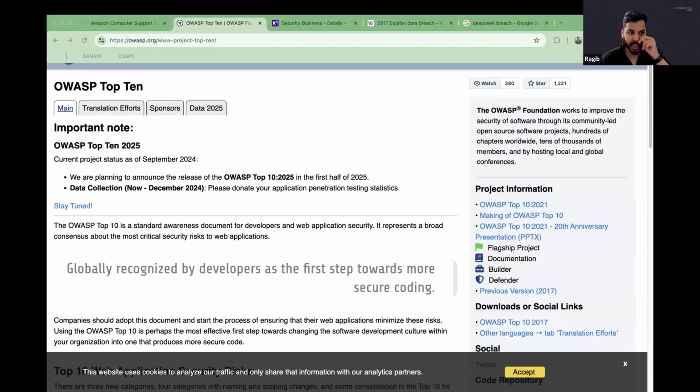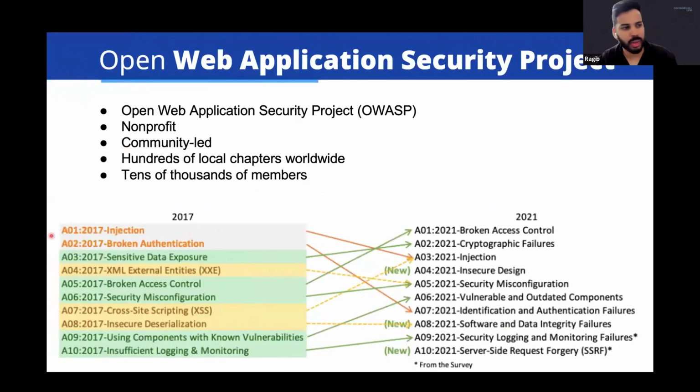So this list is from 2021. The new list will be updated, I think, in 2025, but they're still pretty relevant. And you can see in the slide that this was the one before, which was 2017. A lot of things have changed in those 4 years. Some things have moved down, some things are new, some things have moved up.